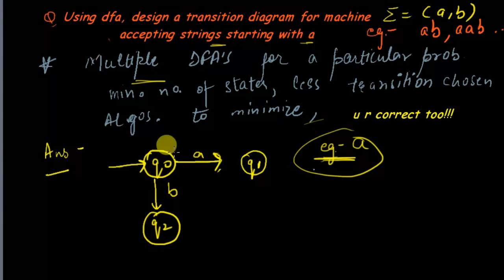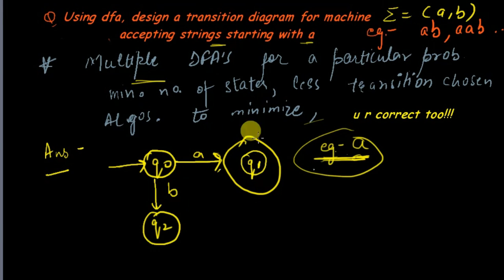So if I'm on my initial state, I start from the left of the string and take this character as input. Then that gives me A. So now I come to the state Q1, but my string ends here. This means that this state Q1 must be my final state. So I have to mark it with a double circle. So for this string A, this is the correct machine.